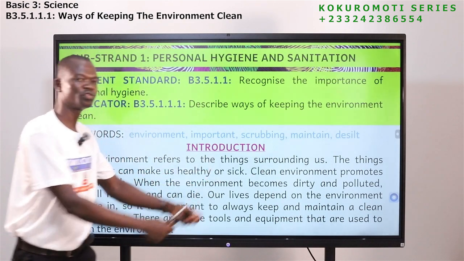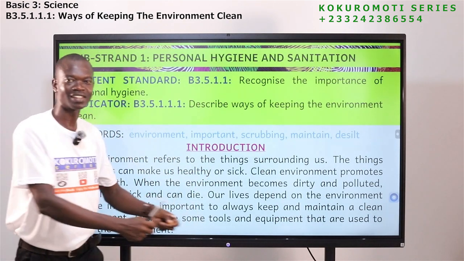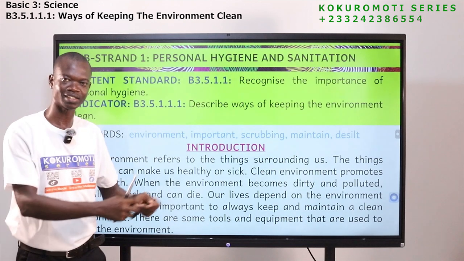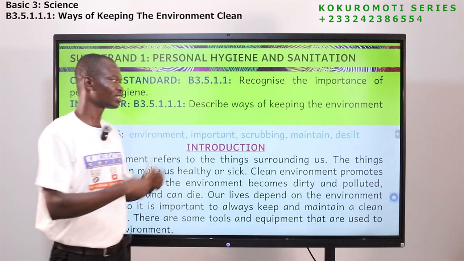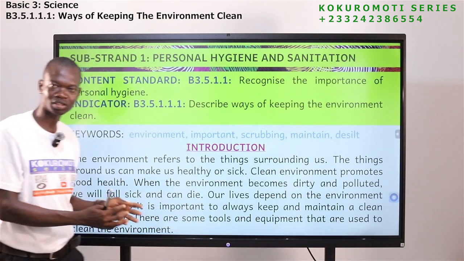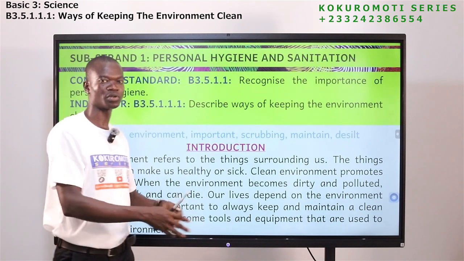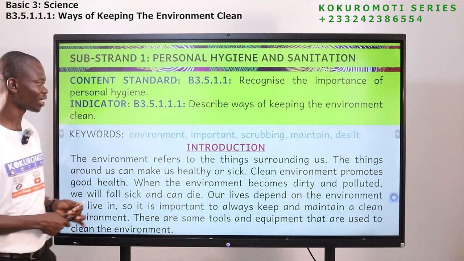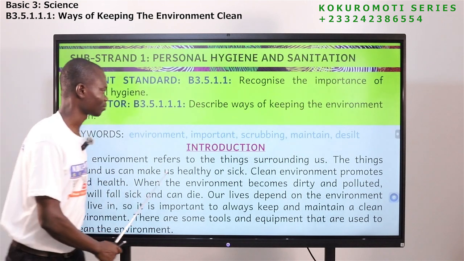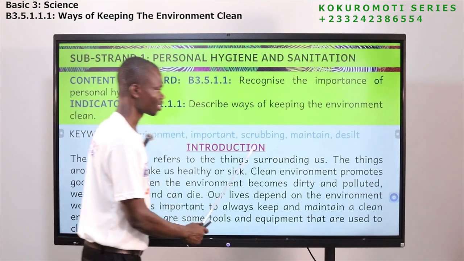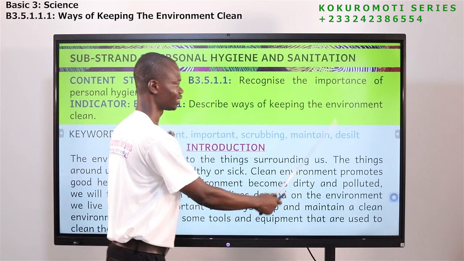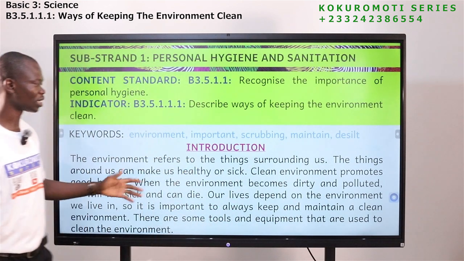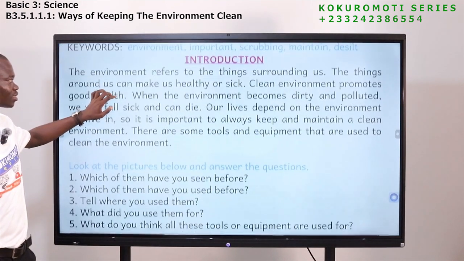If you remove this, we say you are desilting it, removing sand and other things that have blocked a pathway, waterway or gutter. So the words again: environment, importance, scrubbing, maintain, desilt. These are the words that we are going to see in this lesson.